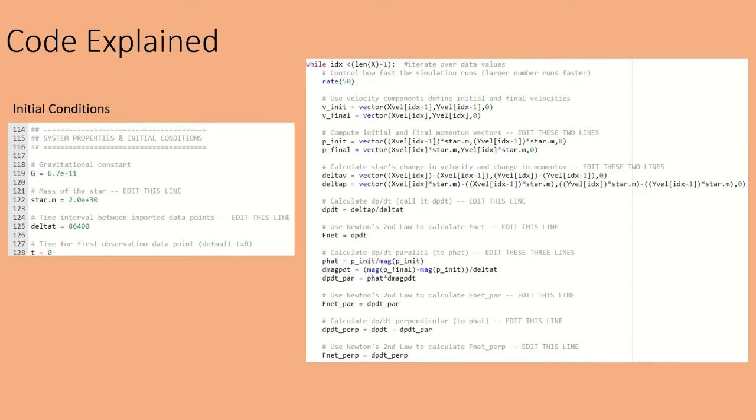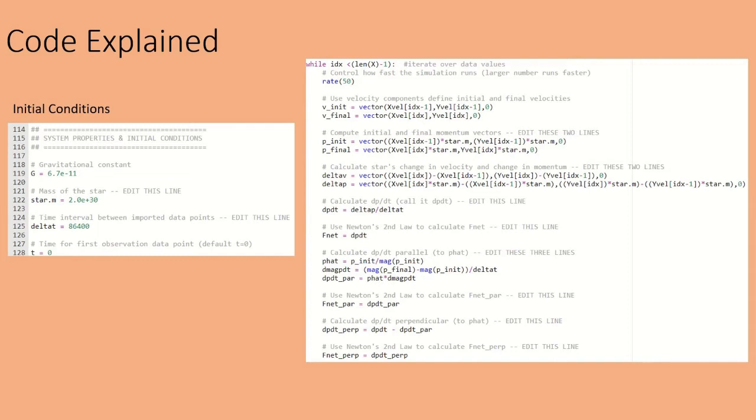So in order to find this motion, because obviously we can't track the motion of a star, we did it synthetically through code. As you can see, we have the initial conditions here: the given mass of the star and the delta t, which was a day, and we just converted that to seconds.